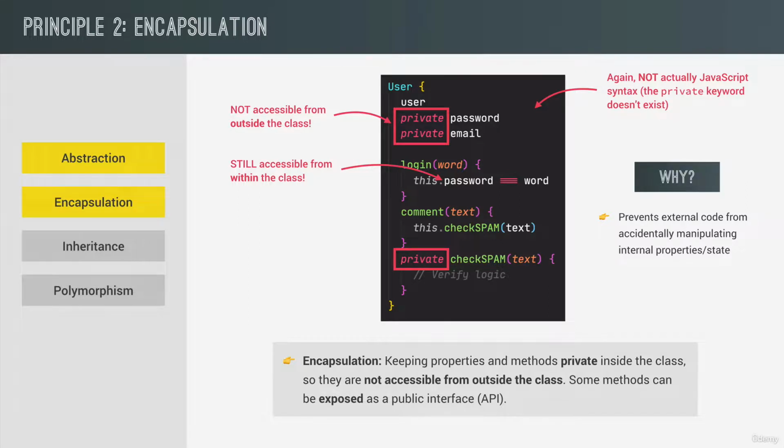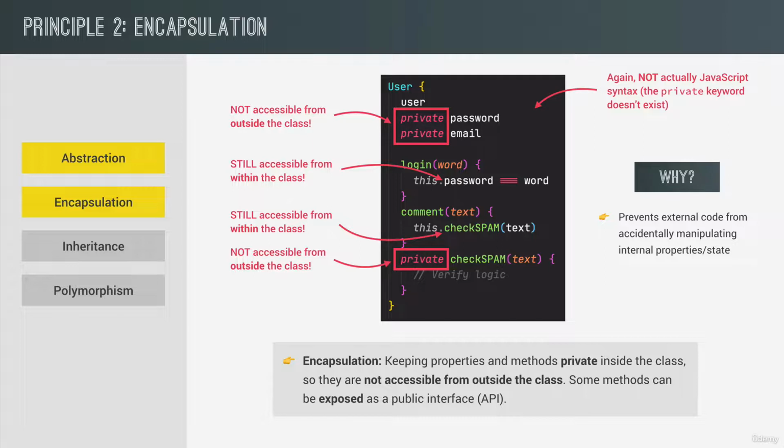Again, it's not accessible from outside the class, but it's used internally to check if a comment is spam or not. So we want no one else outside of the class to be able to use this method, and so basically we don't make it part of the public interface. So the public interface is essentially all the methods that are not private, so that are not encapsulated.